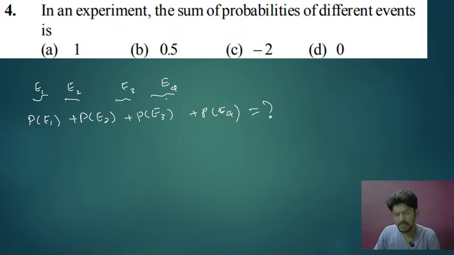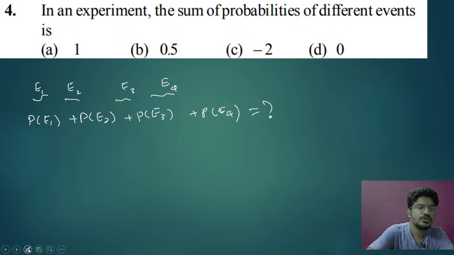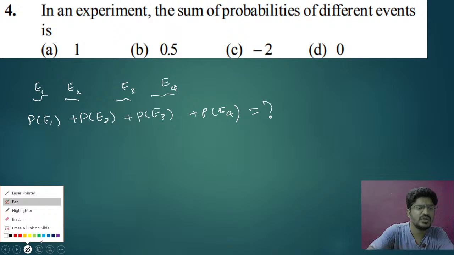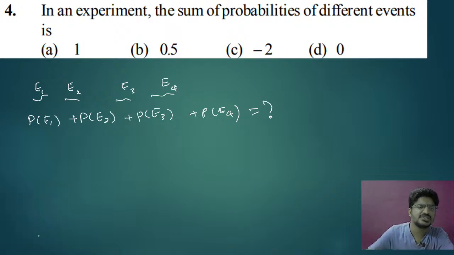We all know that if in an experiment we have 4 events or any n events, and I take the sum of the probability of all the events, the answer must be 1. So here our answer is going to be 1. Clear?